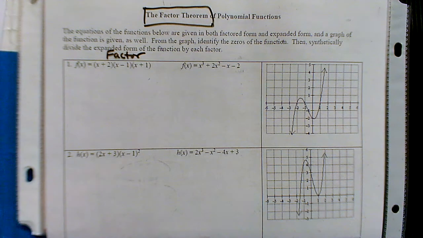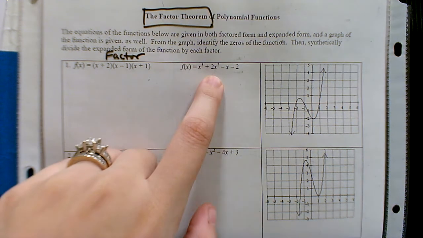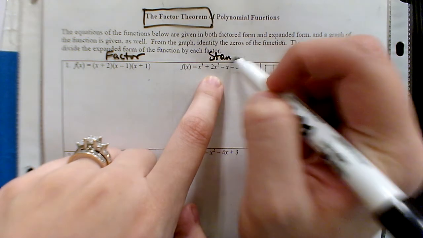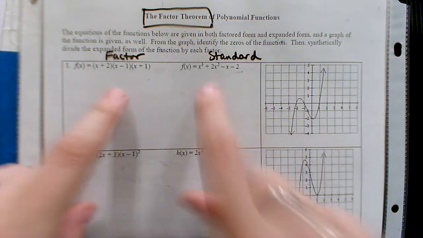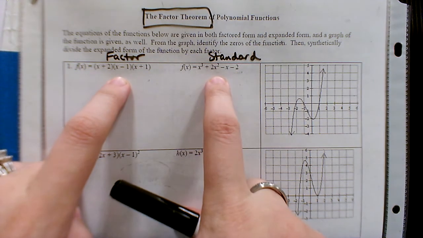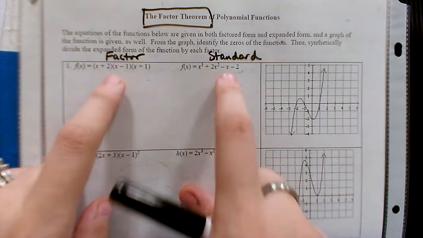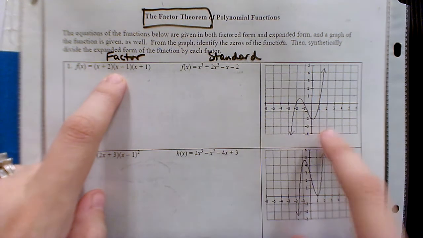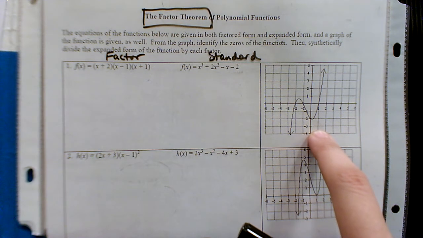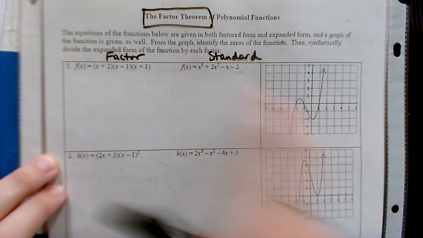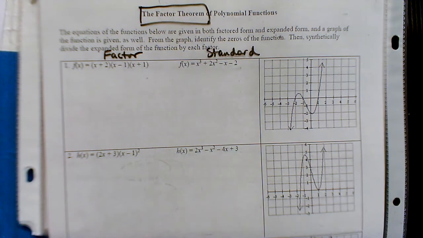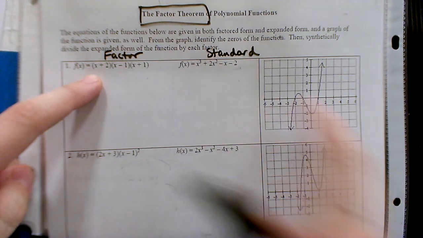But if you were to go through the multiplication process, like FOIL, distribution, get rid of all the parentheses, you would end up with your standard form equation. So these are exactly the same. One's just simplified without the parentheses. And if you were to graph either one of these, this is what it would look like on a graphing calculator.